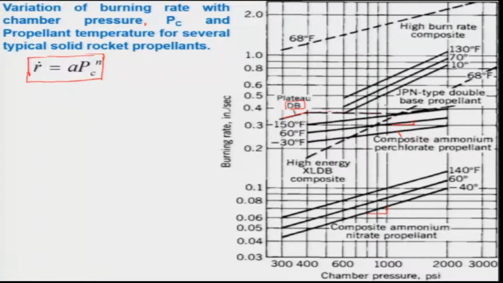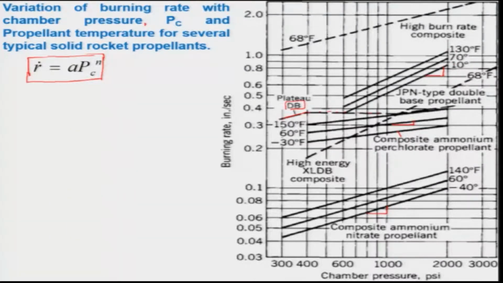And keep in mind that if we have this JPN type double base propellant, you will find similar behavior, the only difference being that its slope is much higher as compared to the ammonium nitrate propellant, but the behavior is the same with the change in the propellant temperature.